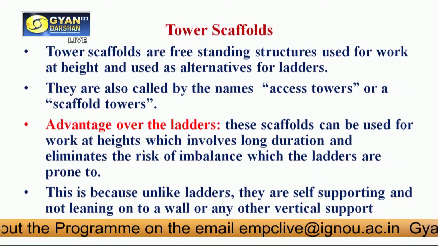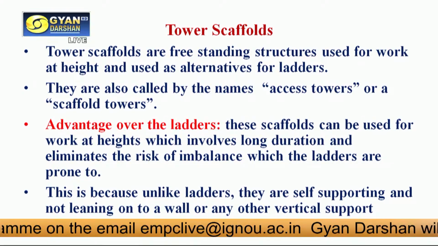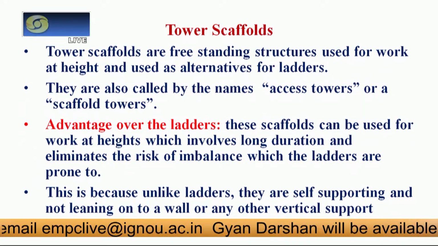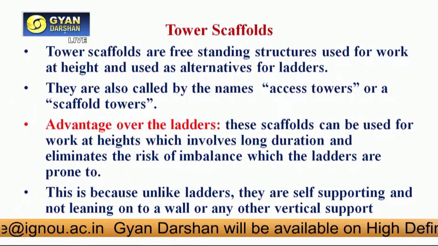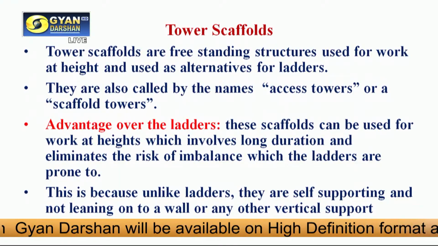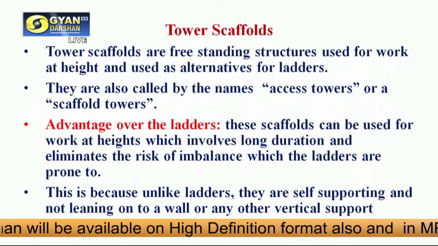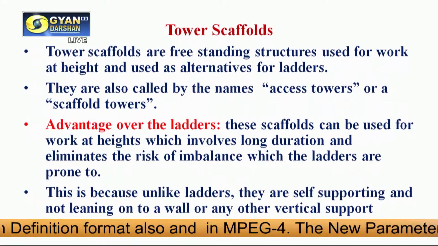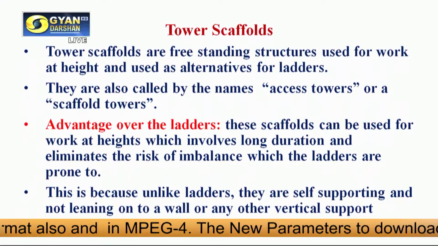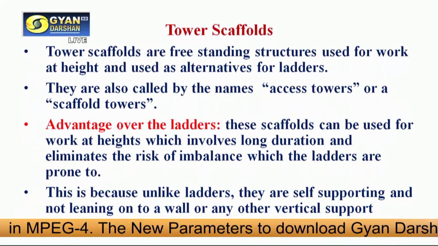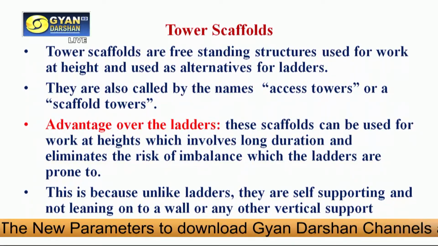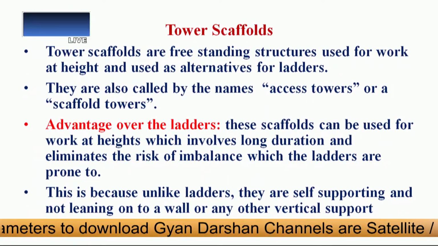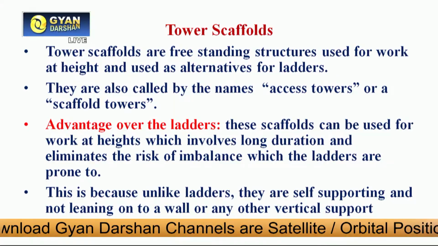Then another type of scaffold, as I told you, is the tower scaffold. The tower scaffolds are freestanding structures used for work at height and used as an alternative to ladders, because working with ladders is not that safe. So in place of ladders, it is preferred to work with the tower scaffold.